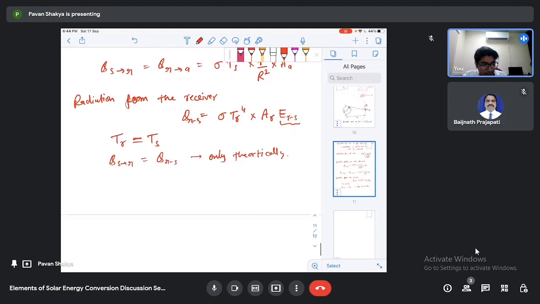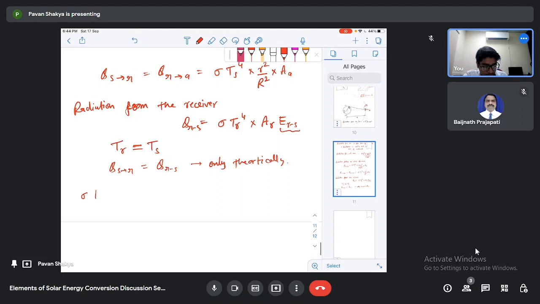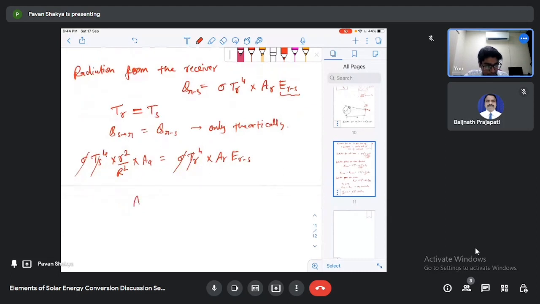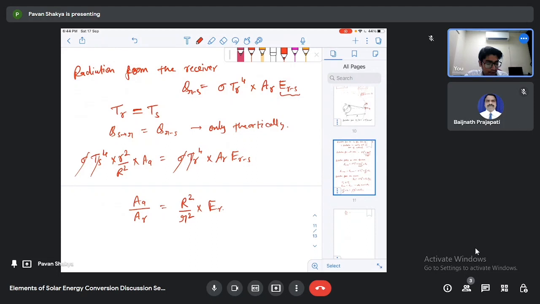So if we equate these terms, sigma Ts to the power 4 multiplied by small r square divided by capital R square into AA becomes equal to Tr to the power 4 into AR into E of rs. Ts and Tr are equal, we are assuming. So from here we can say that AA multiplied by AR will become equal to capital R square divided by small r square multiplied by E of rs.